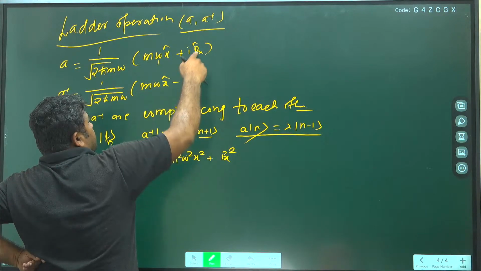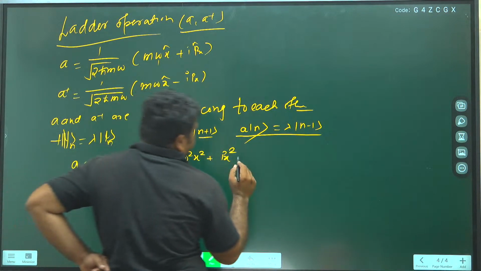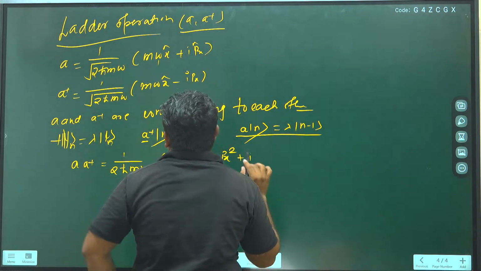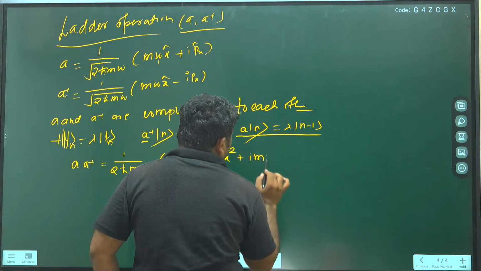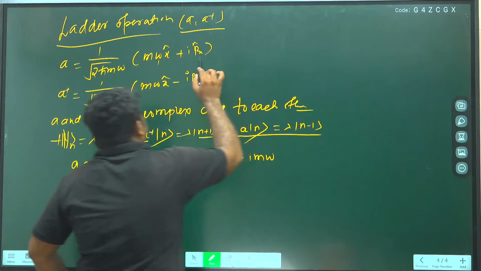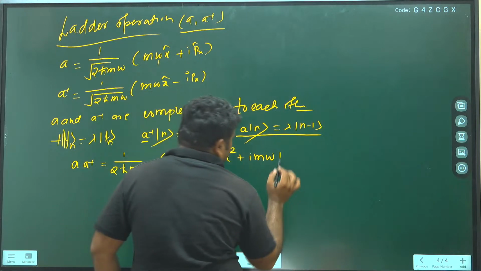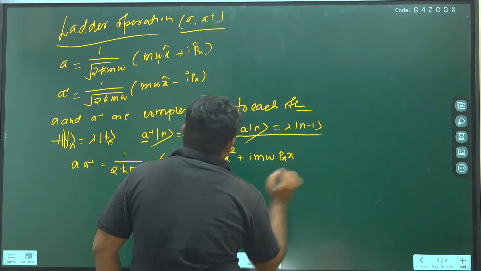Okay, multiply the first, then this becomes plus i m omega. Which one is first? px is first, x is the second one, px x.